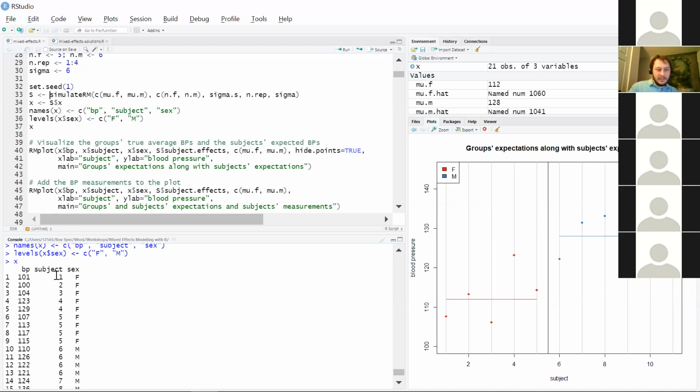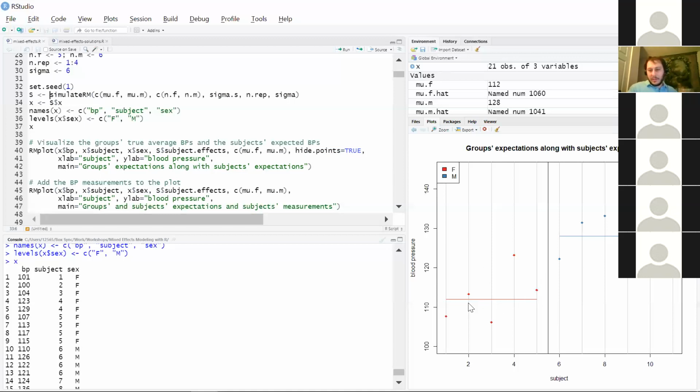The function simulate RM generated this data set according to the mechanism I described. There are group expectations, there are individual deviations that need to be drawn from those group expectations, and then there are measurements of those individuals that are going to differ by normal deviations from the individual's baseline expectations. All right, so there's no data on this picture.